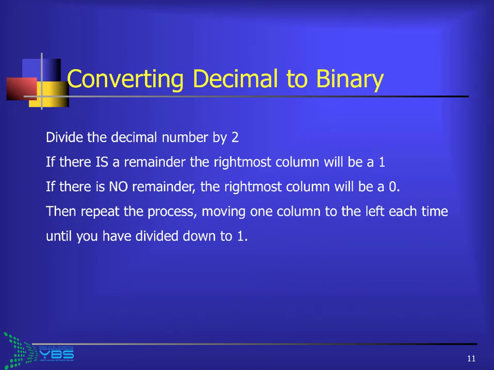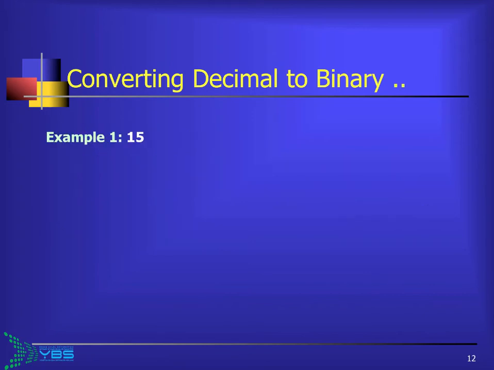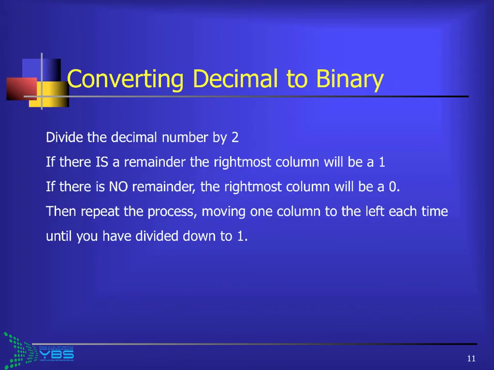Let's do a different way. How are we going to convert decimal to the binary system? This is a little bit tricky. You have to pay very good attention to this presentation to understand how it's going on. If you want to convert decimal to binary, we have to divide each decimal number by 2.